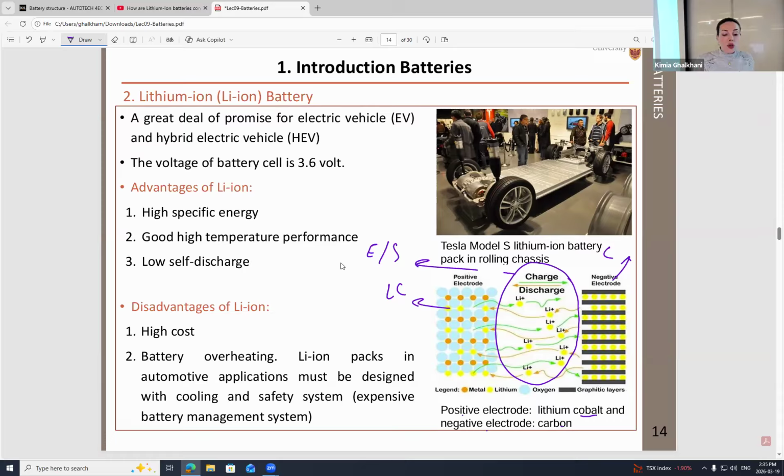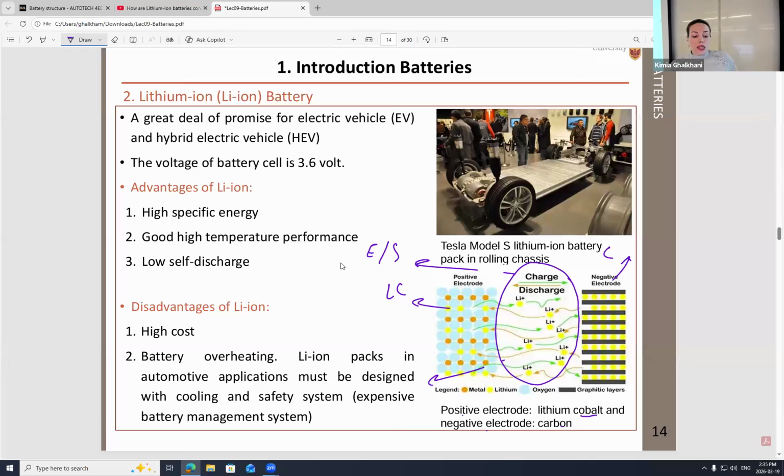The electrolyte is in charge of moving the ions. It covers all around the positive and negative electrode, and most of the time is either solid, liquid, or gel. I introduced different types of electrolyte in the last session.